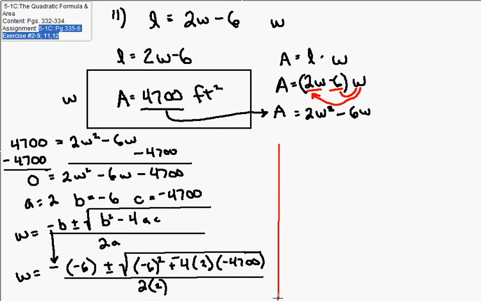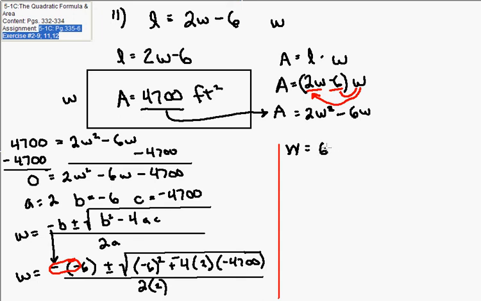Going ahead on to the other side over here. So now we have w. Whoops, let's try that again. So we have w. 2 negatives here make a positive. 2 negatives right here create a positive.